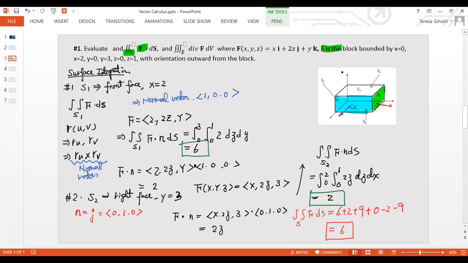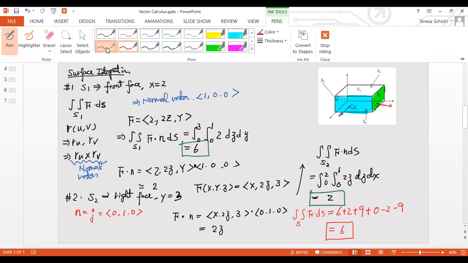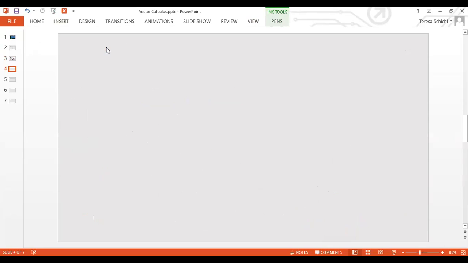So as you can see, that is how I use the traditional surface integration. Then we say, hey, if this is a solid, you can use the divergence theorem here. So let's take a look at what the divergence theorem tells us. You will see it's really pretty easy. So this is F of x, y, z. My vector field is x i plus 2z j plus y k, right?